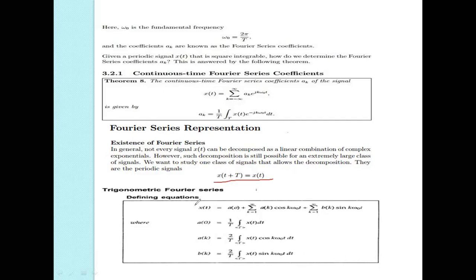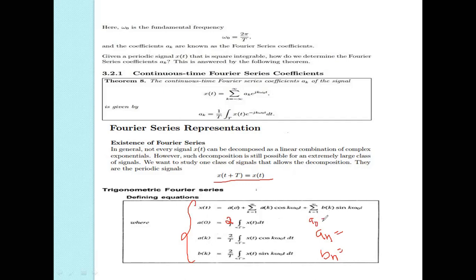We already derived these expressions for a of 0, a of k and b of k in the previous class. a0 is 1 by T times the integral of x of t dt, a of k is 2 by T times the integral of x of t cos k omega naught t dt, or cos n omega naught t when I take the suffix n, and b n is 2 by T times the integral over T of x of t sin n omega naught t dt. We can take n instead of k; both are the same.